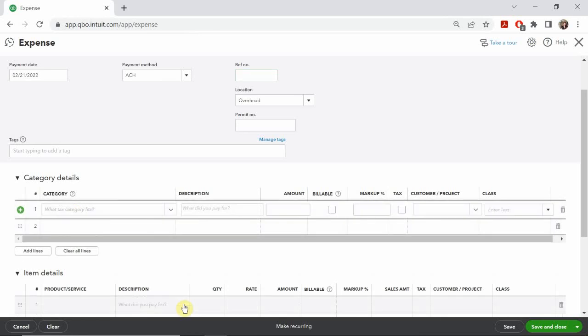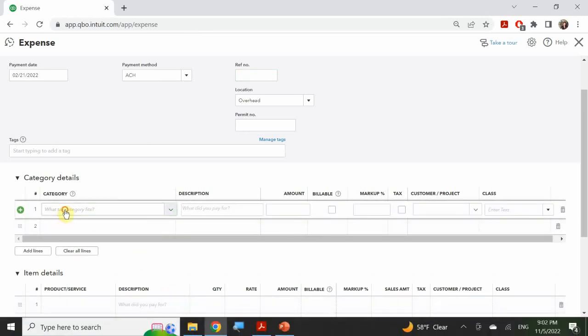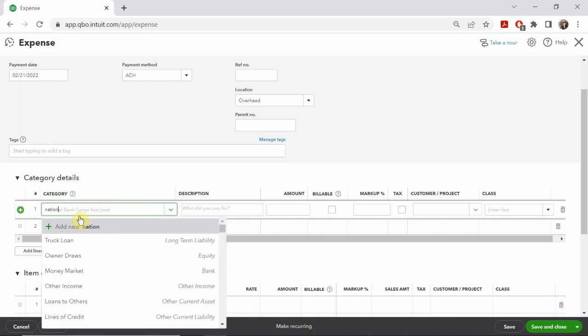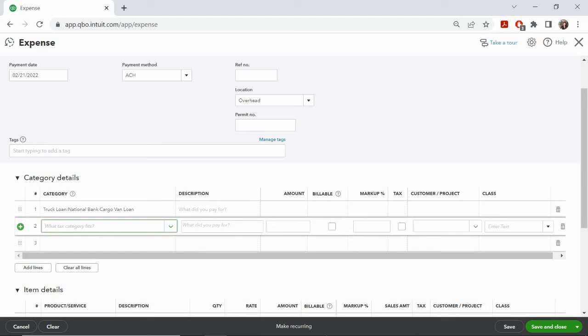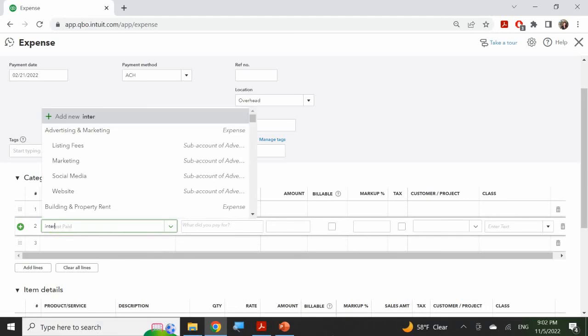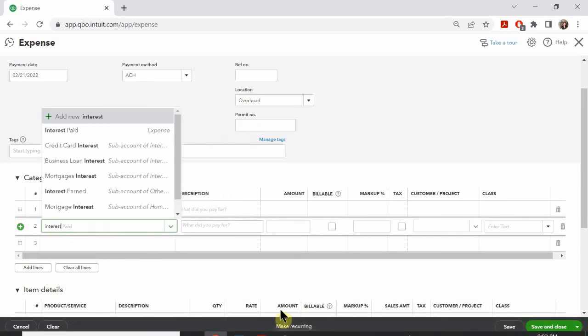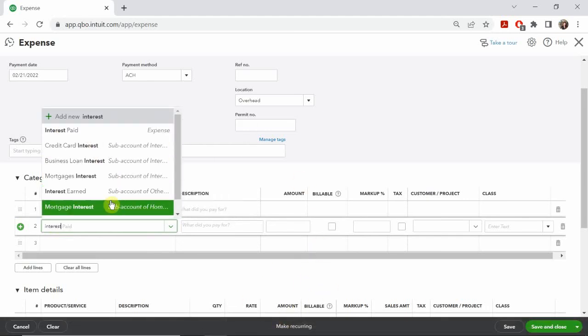So first things first, you're going to identify that you're going to pay your National Bank cargo van loan, right? But the second thing you're also going to be paying for is your interest. Now, like I mentioned before, interest is always going to be paid first.